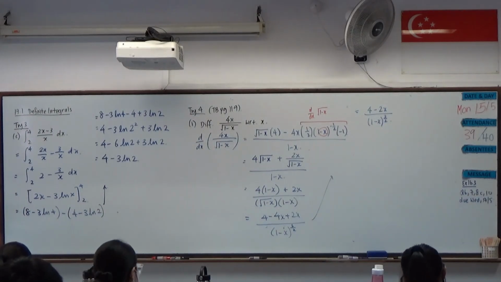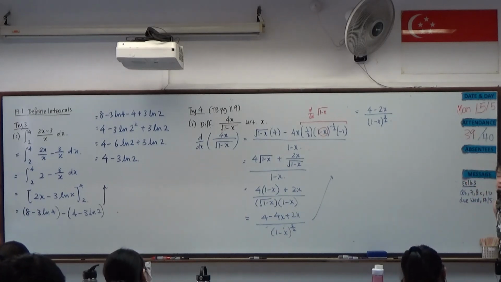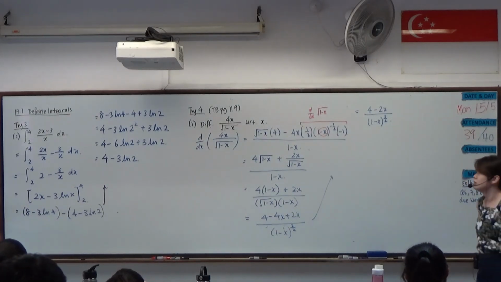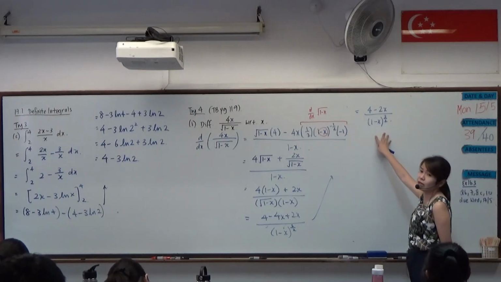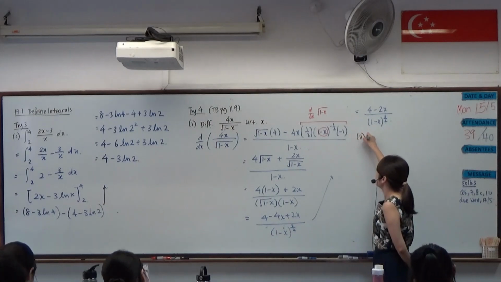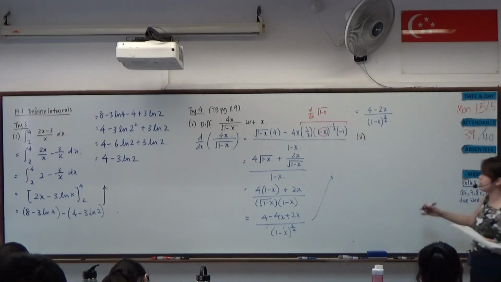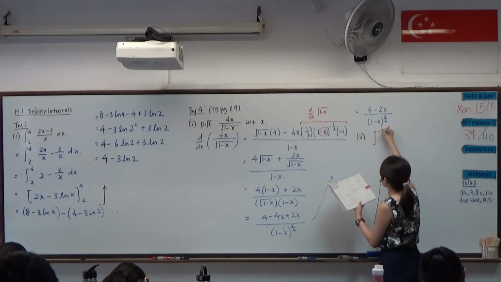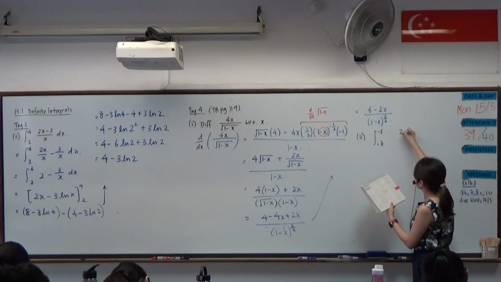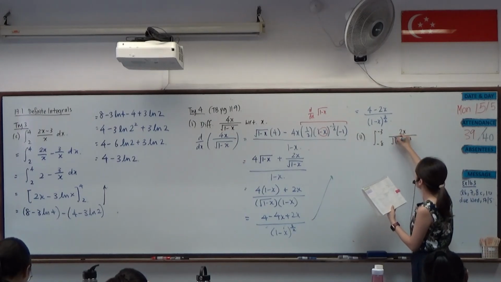So if you don't know how to do your quotient rule, you will definitely find it maybe slightly more challenging in terms of simplifying to arrive at a single fraction. And why is a single fraction necessary in this case? Because in part 2, we are asked to integrate or evaluate negative 8 to negative 3, 2x over square root 1 minus x to the power of 3.